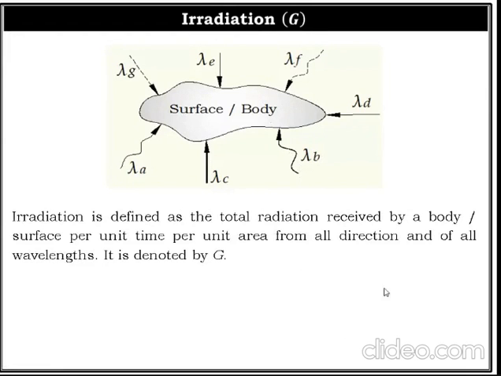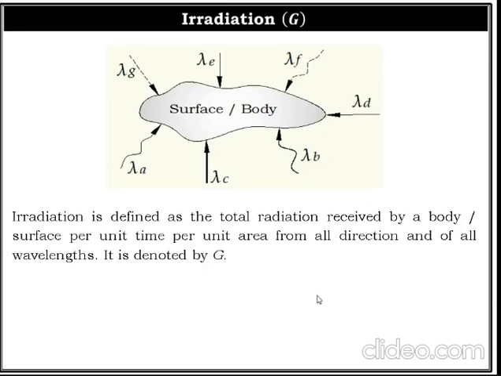As per the definition, irradiation is defined as the total radiation received by a body or surface per unit time per unit area from all directions and of all wavelengths. This is the highlighting line.